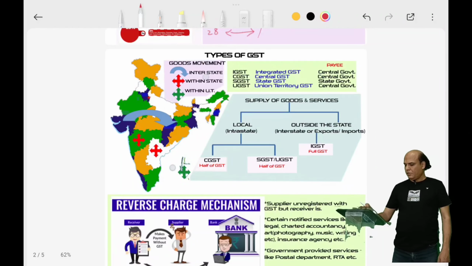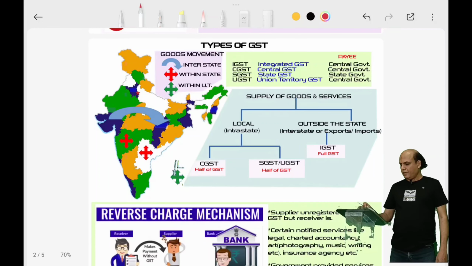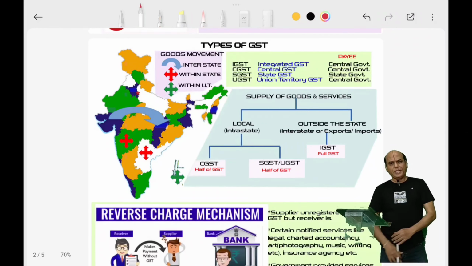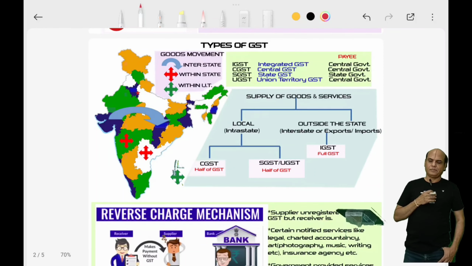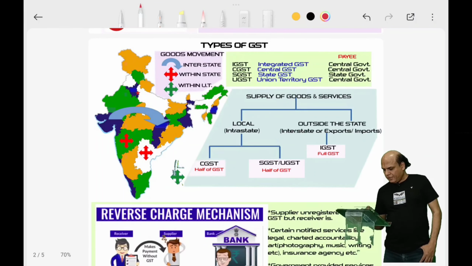Now on the screen you can see our Pyara Bharat. This is our lovely India. So it has about 28 states and some 8 union territories. If you see this blue arrow, that is from Gujarat to Chhattisgarh.